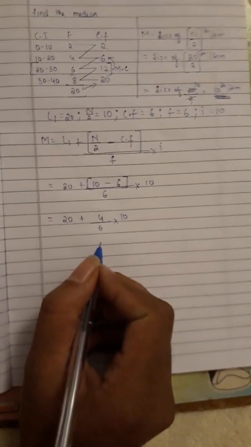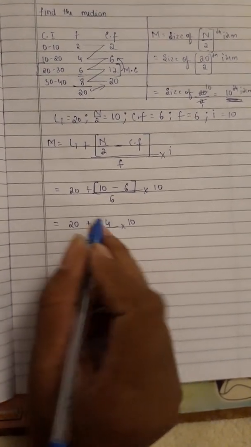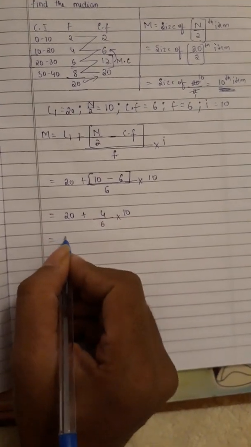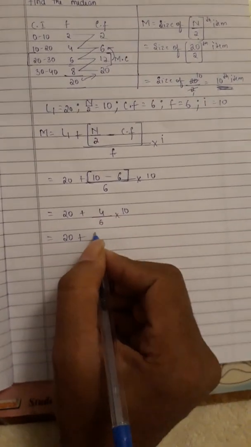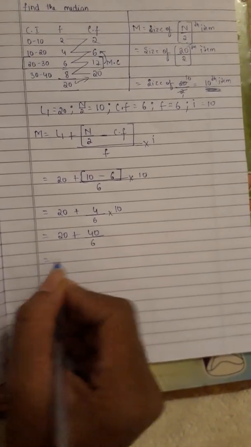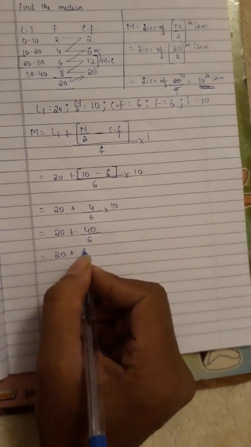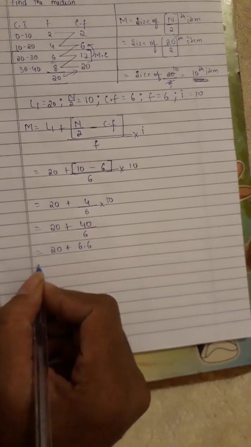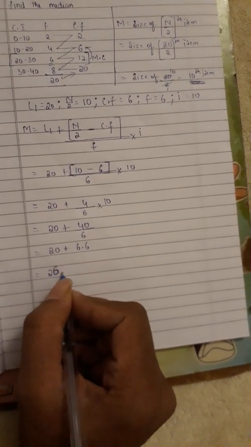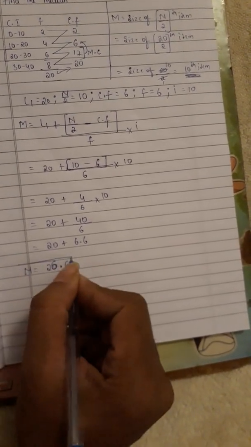You have to solve everything first and at the end add with the 20. 4 into 10 is 40, 40 divided by 6 is 6.6. So the answer is 20 plus 6.6, which is 26.6. This is your median.